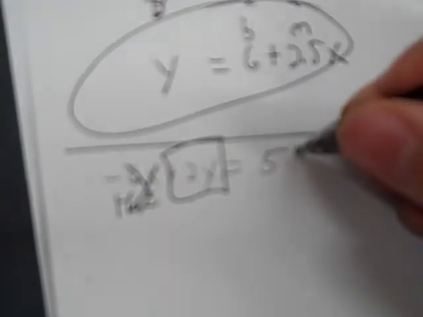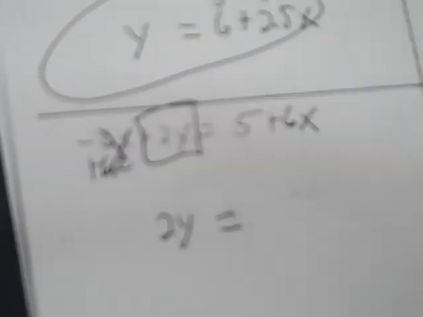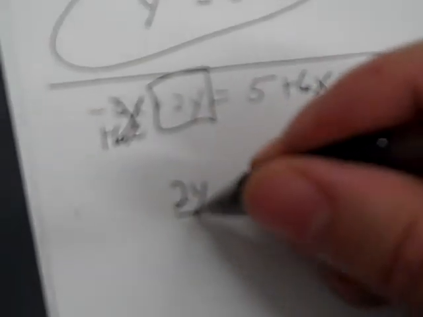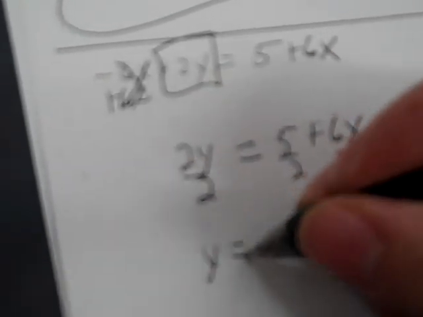Okay, so -6x, I plus 6x, I plus 6x. So on this side I've got 2 times y, on the other side I got 5 plus 6x. So that's y. Take 5 divided by 2, that's 2.5, that ends, that's okay.